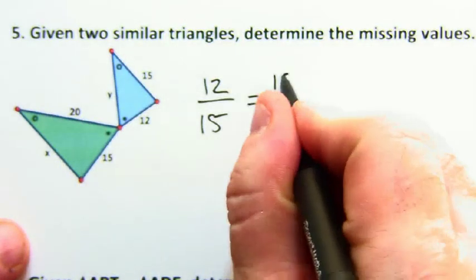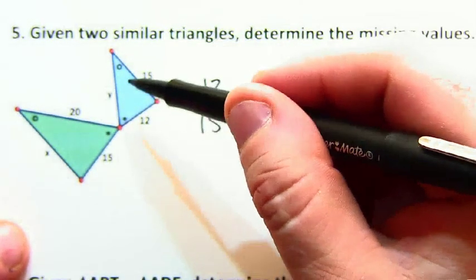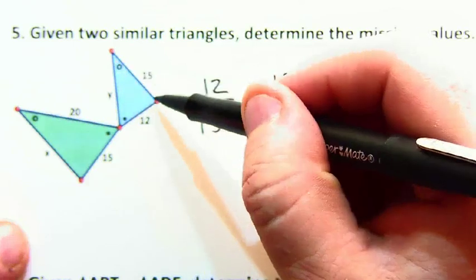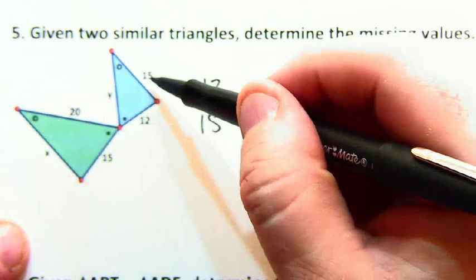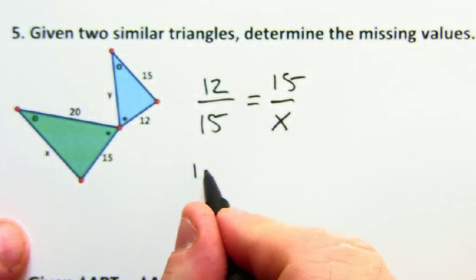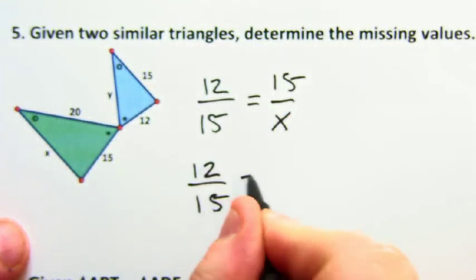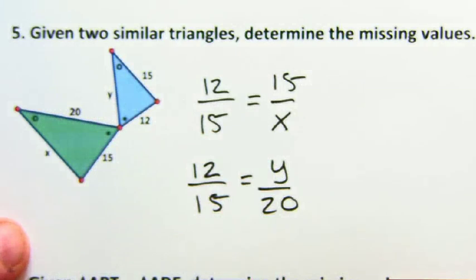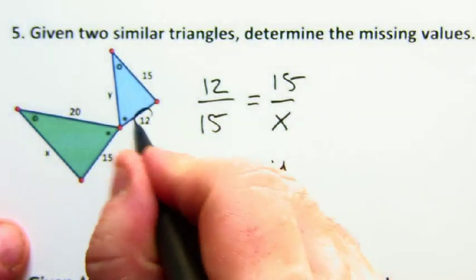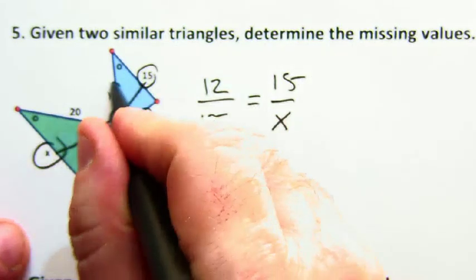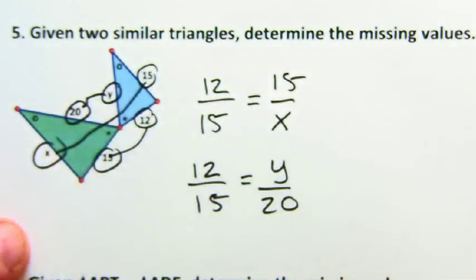The 15 is between the dot angle and the unmarked angle, so 15 goes to x. A lot of students aren't going to set that up right. 12 is to 15 as y is to 20. Keep an eye on the angles. They help you out a lot to figure out who goes to who.